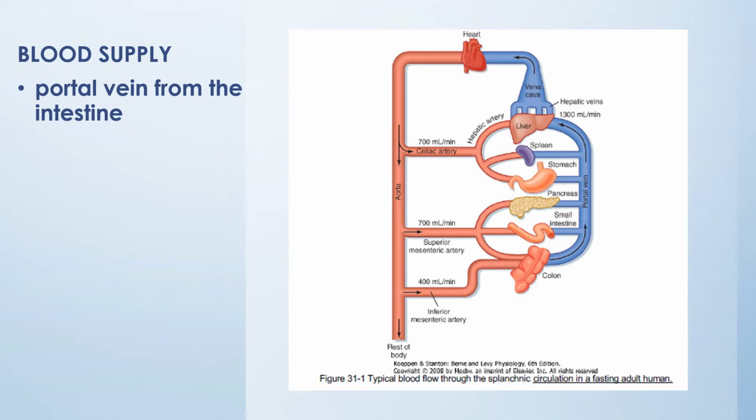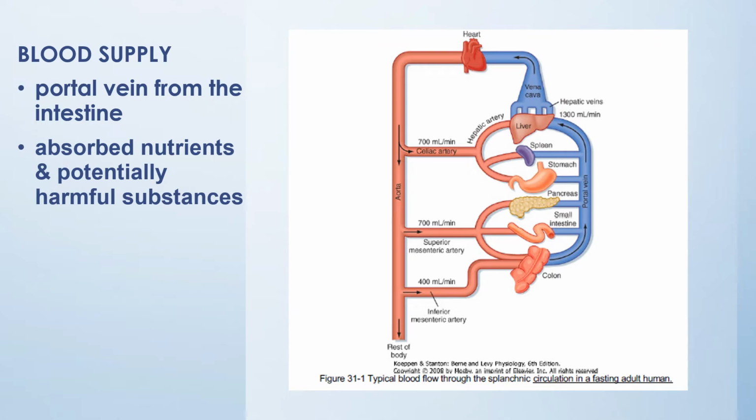So the liver has an unusual blood supply because the majority of blood arriving at the liver is through the portal vein that drains from the spleen, the stomach, the pancreas, the small intestine, and the colon.